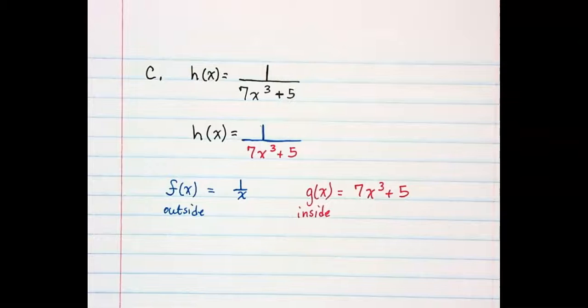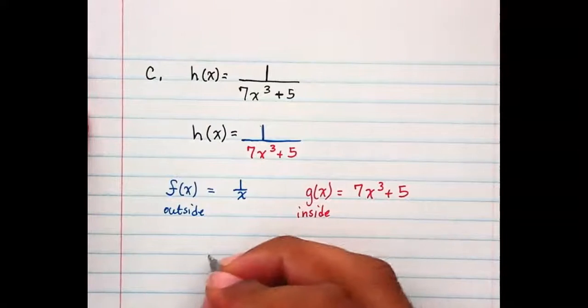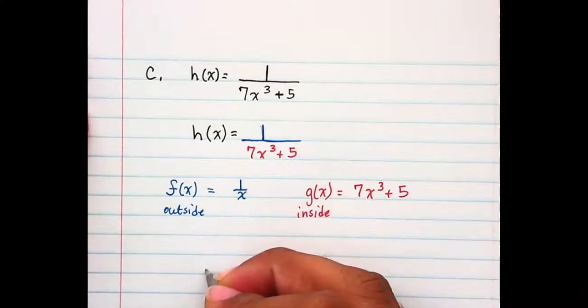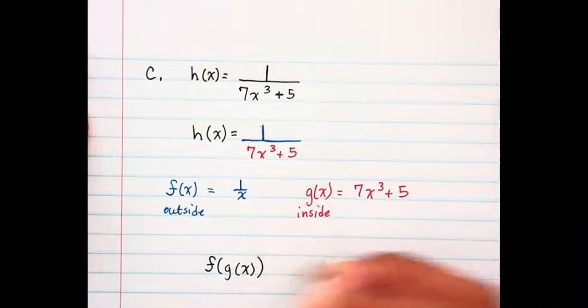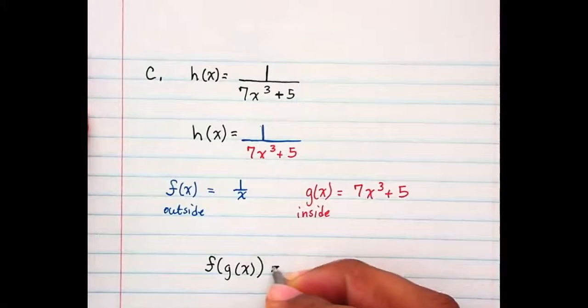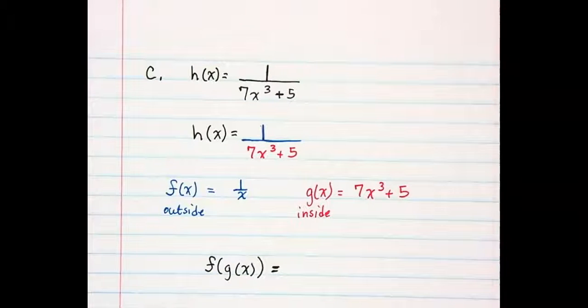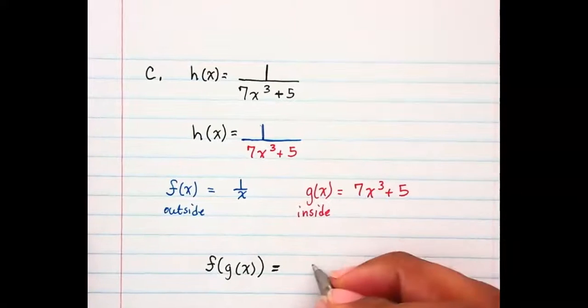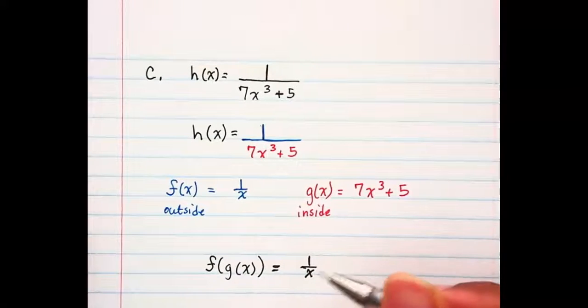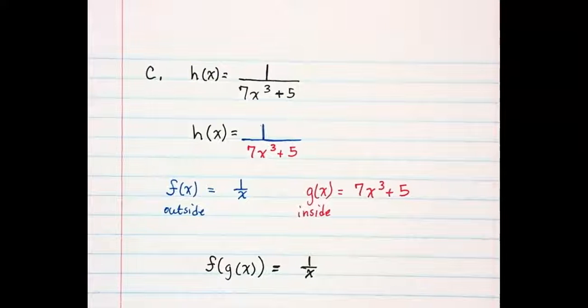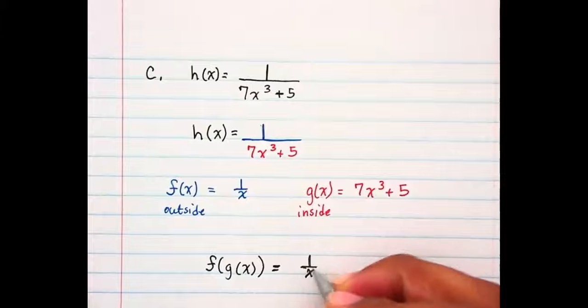So we have outside, we have our inside. So here, we're going to again check it just to make sure we have the right things going on. All right, so again, if we're going to do f of g of x, that means we're going to put the outside function first, which is 1 over x. Okay. Then that should be blue, sorry.